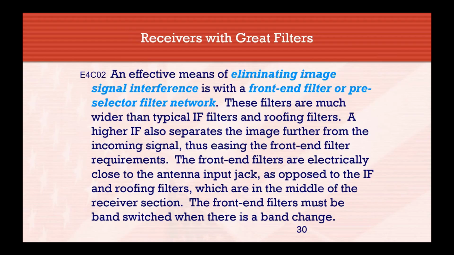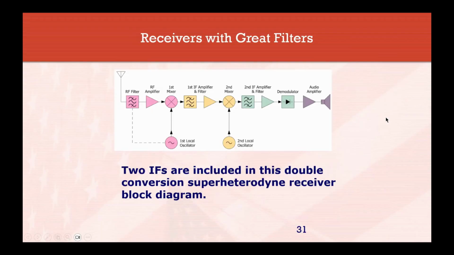The image signal interference is an image of the signal that you're looking for, either above or below the desired frequency, usually above, that comes out when we go through the IF system. So we have the IF filters and roofing filters to help get rid of the image frequencies. But an effective means of eliminating the image interference is with a front-end filter or a pre-selector filter network. And again, that goes between the antenna and the input of the radio.